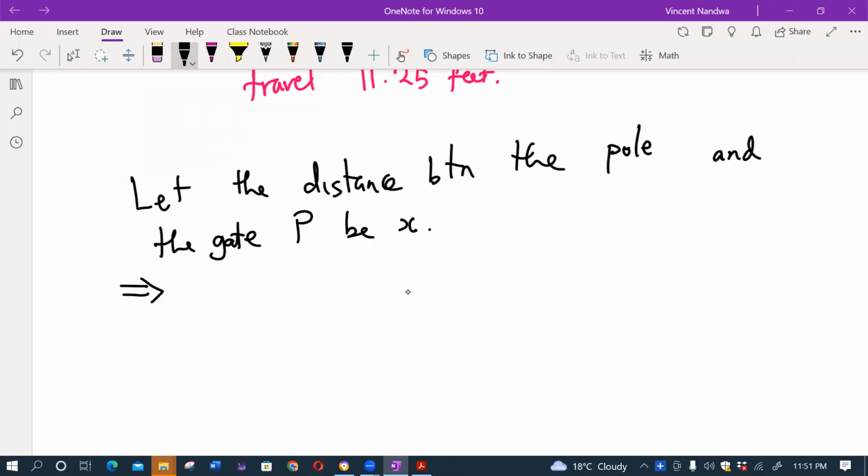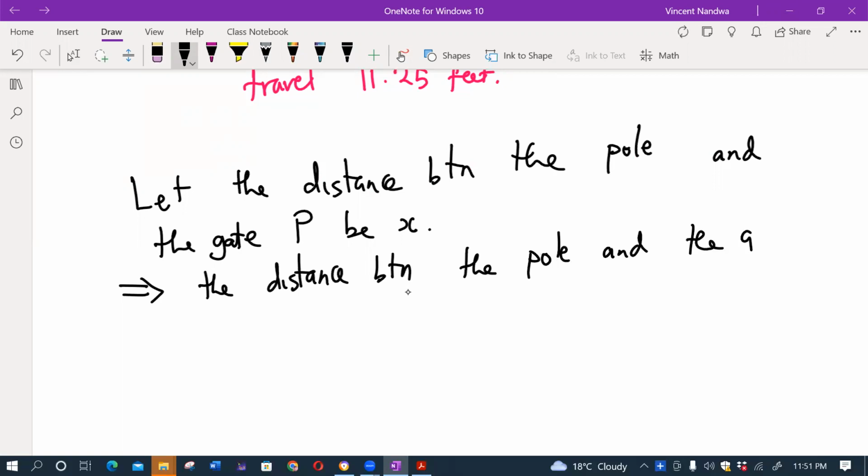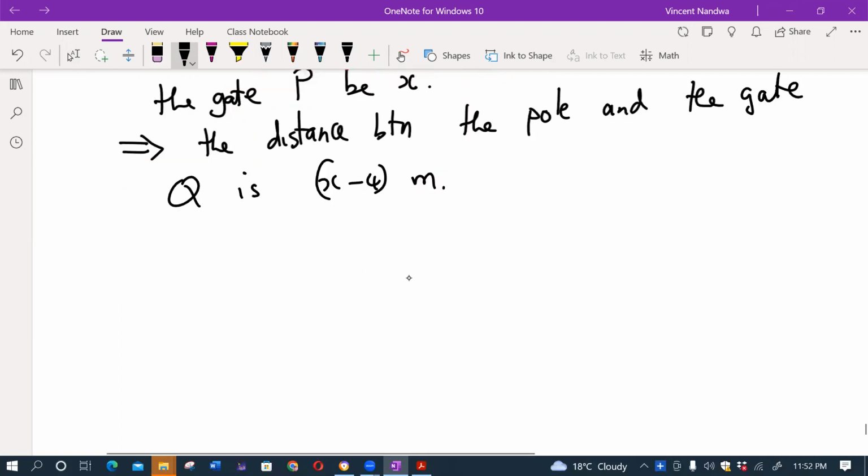So this means the distance between the pole and the gate Q is x minus 4 meters. So we can represent this on a diagram.